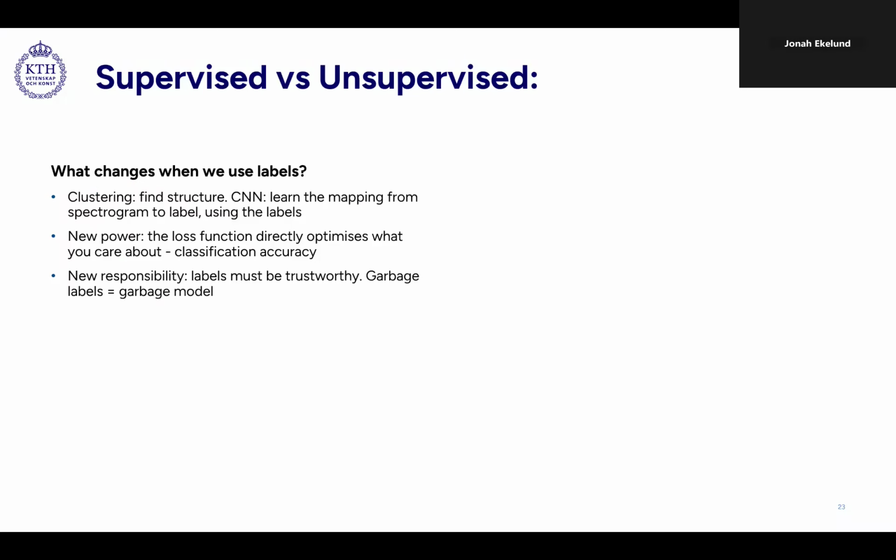So the difference from clustering to neural networks, or more specifically, when you go towards more supervised methods, is that you're actually trying to optimize for what you're after. So in this case, we'll optimize towards predicting the labels. This does not necessarily mean that these labels are true. They can be completely wrong, but the model will still try to find a correlation between the data and the labels you want.